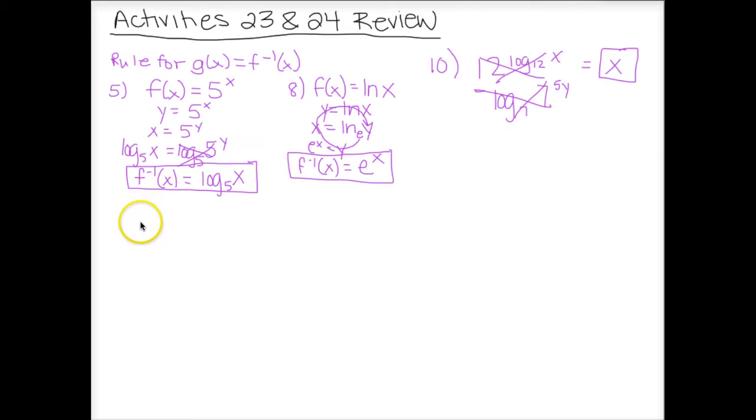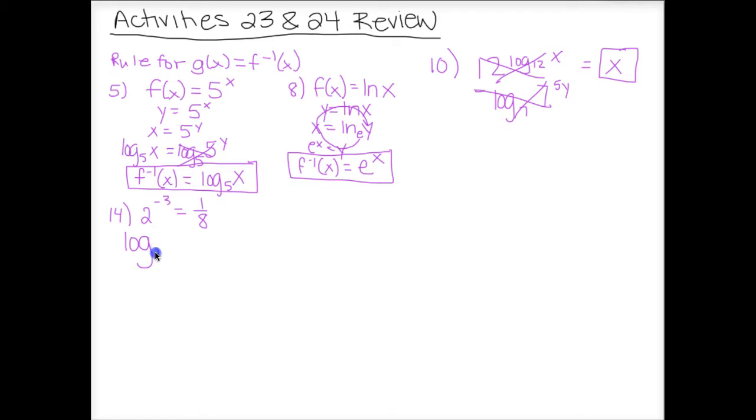So if you look at number 14, you've got 2 to the negative 3 equals 1/8 is your original. Again, directions, you're supposed to write this as a logarithmic equation or statement. So when you do that, you write log, and it's whatever base the base of the exponent is.